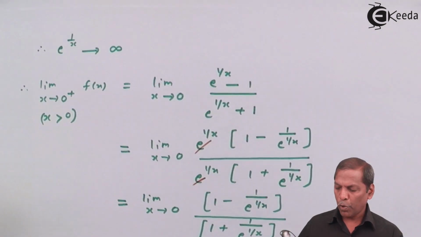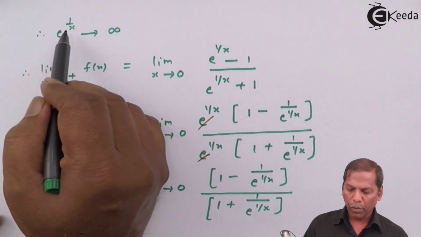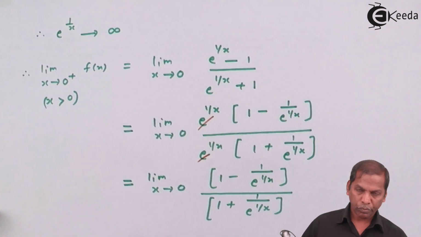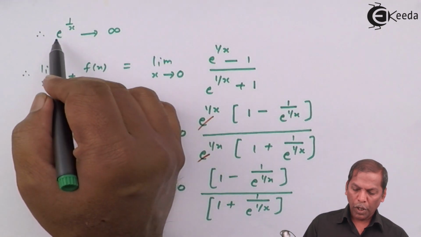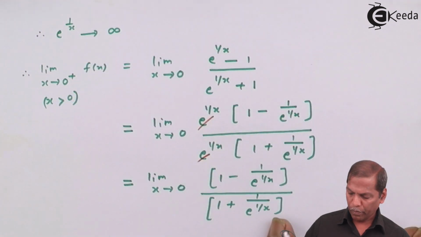Now as we proved, as x tends to 0, e raised 1 upon x tends to infinity.